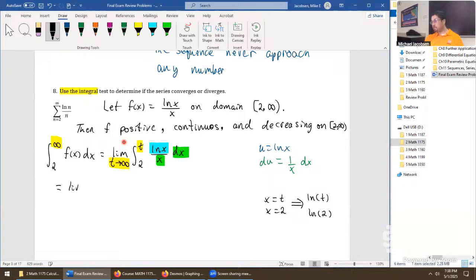It's a new limit as t goes to infinity from natural log 2 up to natural log t using the limits of integration on the right. Following u substitution, this becomes a u du.